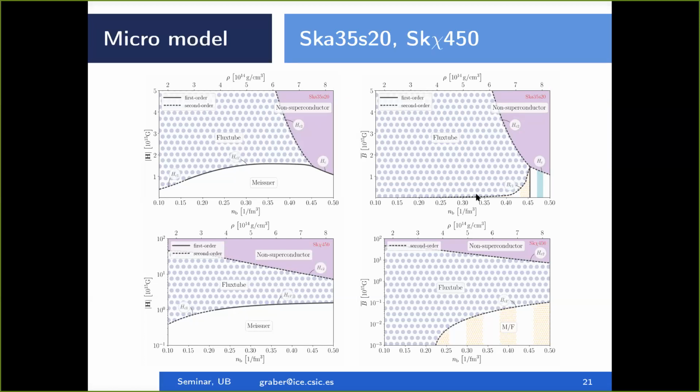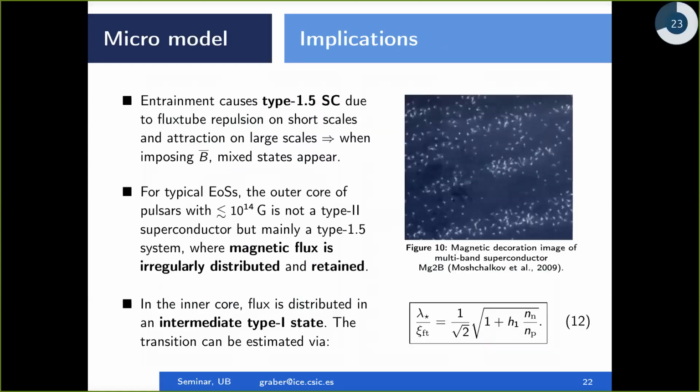So this might look very different and unusual, but in principle, this is something that's actually known from laboratory superconductors. Okay, so I showed you earlier this simple single component figure from the type 2 case and the intermediate type 1 case, but there are actually other types of superconductors that people have discovered in the last decade that also show very unique flux distributions.